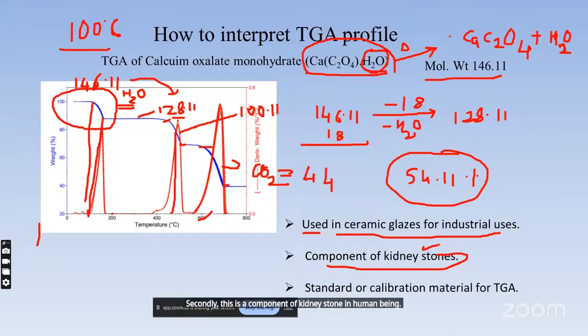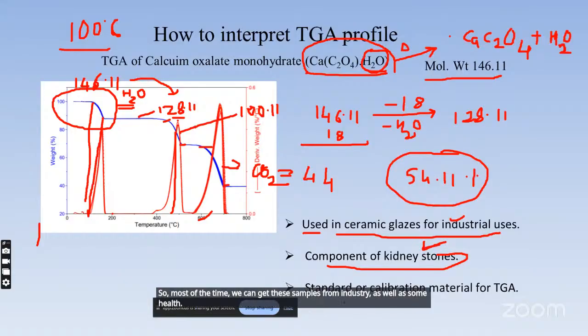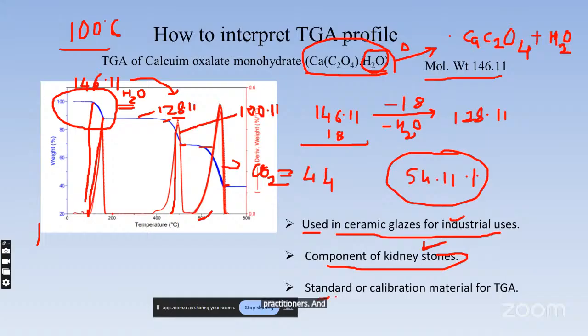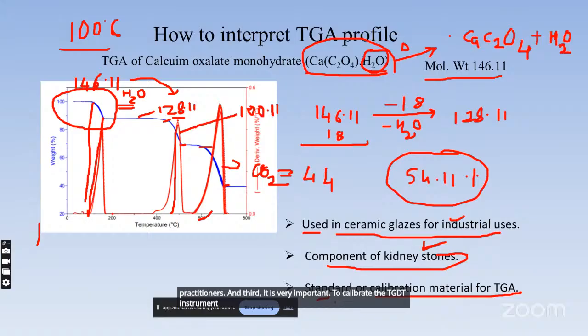So most of the time we can get these samples from industry as well as some health practitioners. And third, it is very important to calibrate the TGDTA instrument itself. This calcium oxalate is used as a standard. So it is mandatory for us to understand the thermal profile of this one.